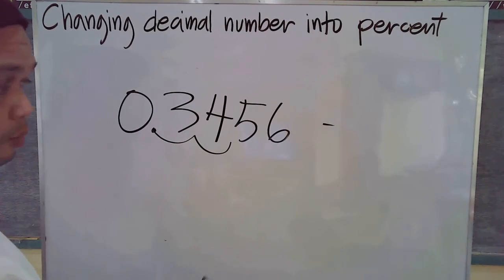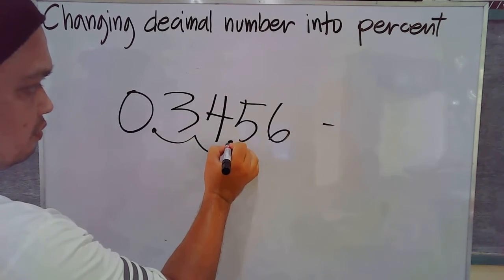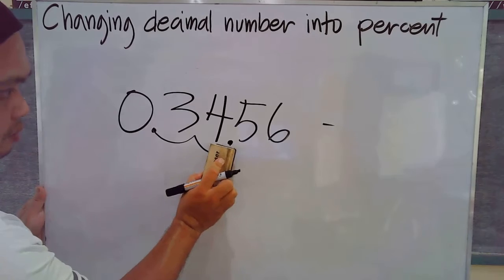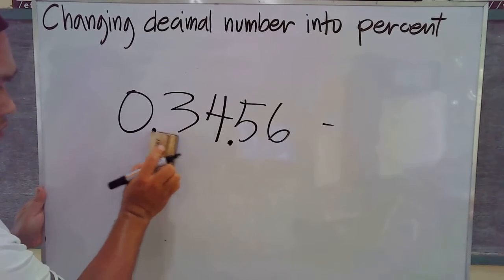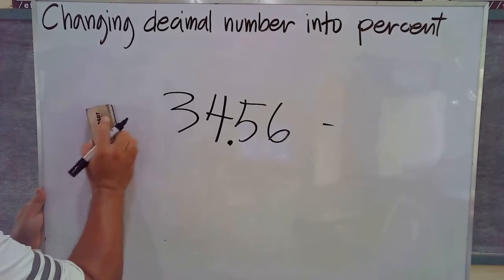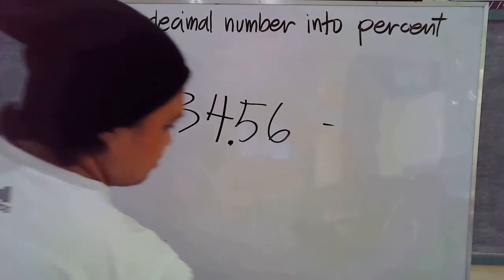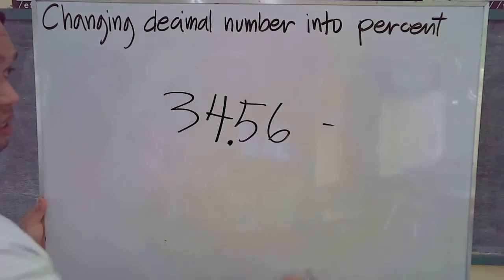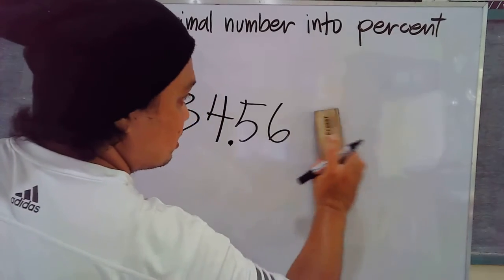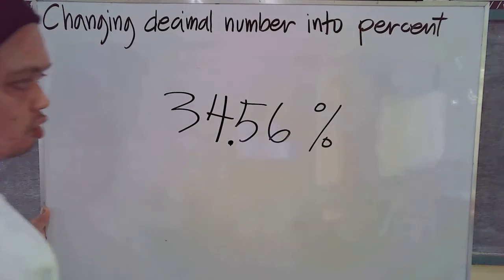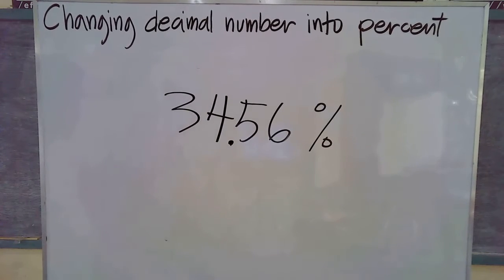Our decimal point now is between 4 and 5. Now we can no longer drop the decimal point because we have a number after it. So all we need to do is put a percent symbol here. So it becomes 34.56%.